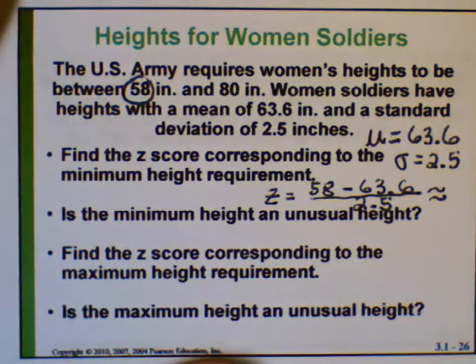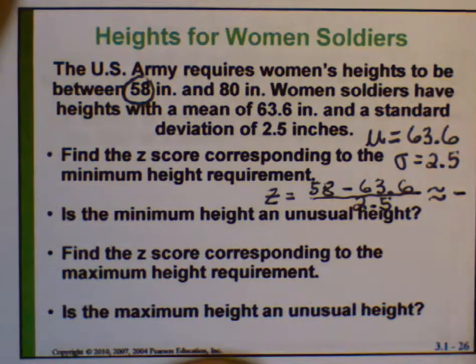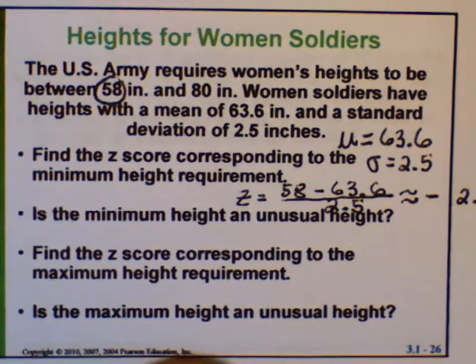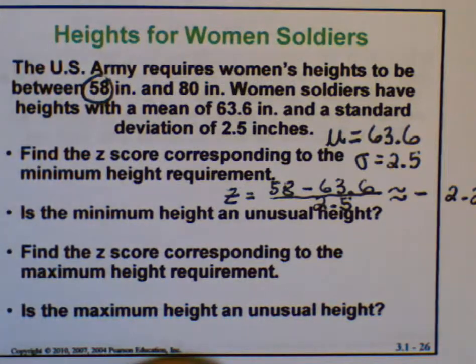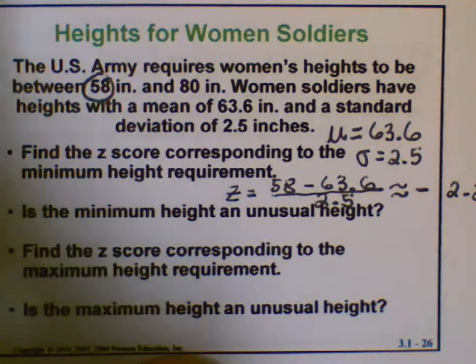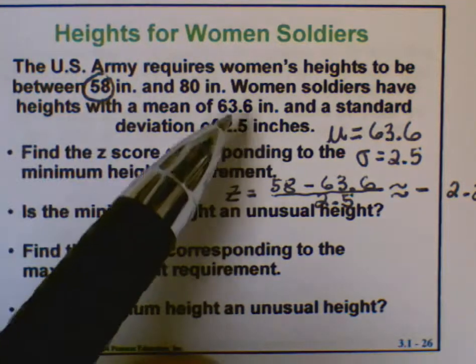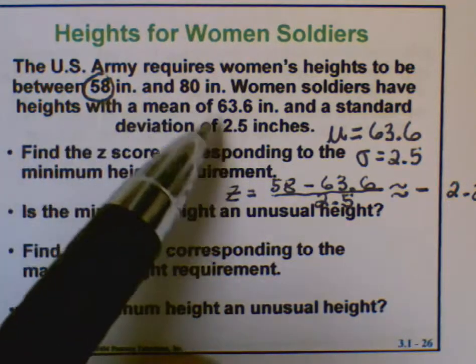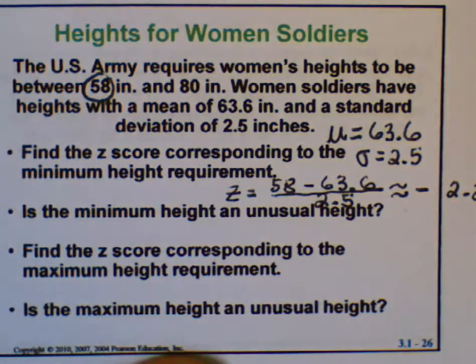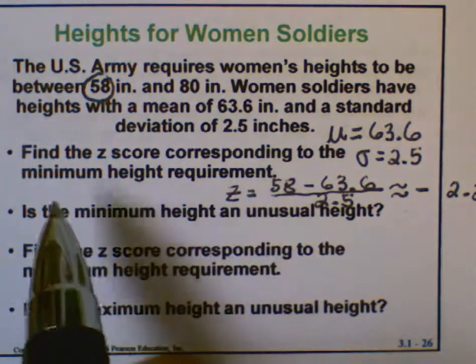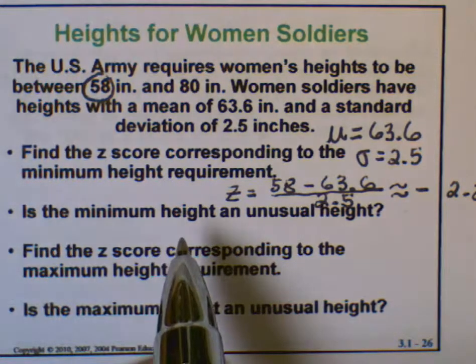Divide that by 2.5, and you get a z-score of negative 2.24. I was expecting a negative z-score because the minimum height is below the average, and below the average is always a negative z-score. Is the minimum height an unusual height?